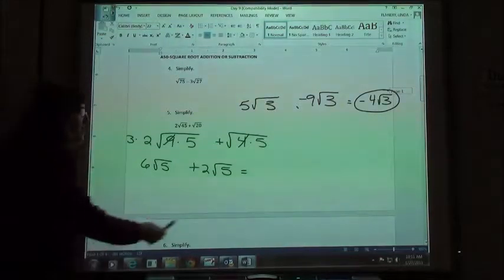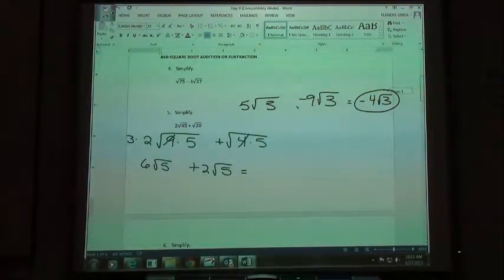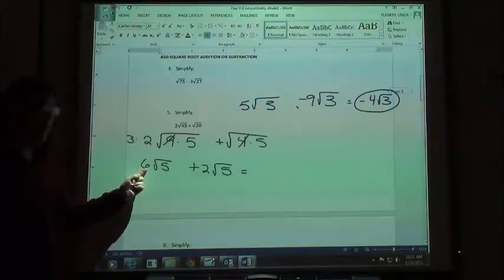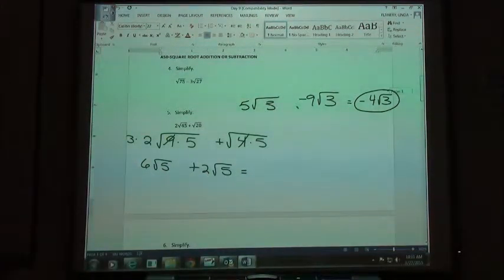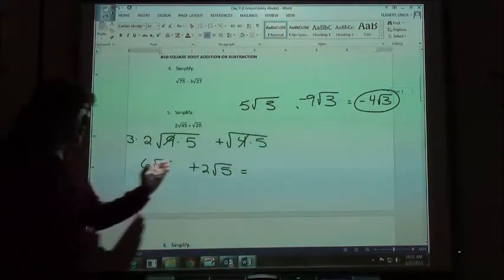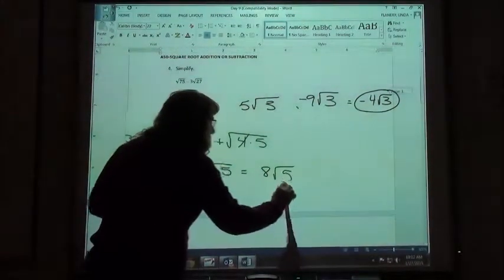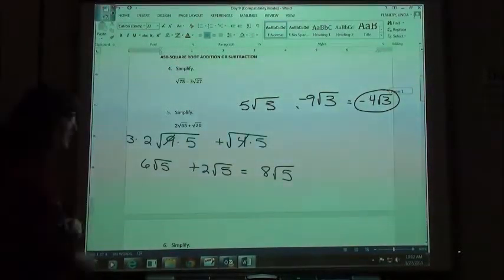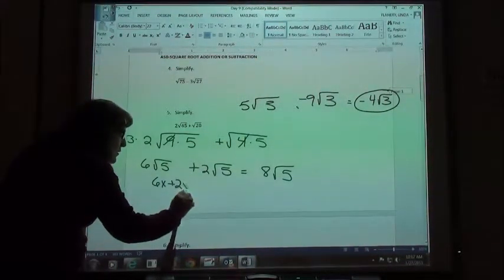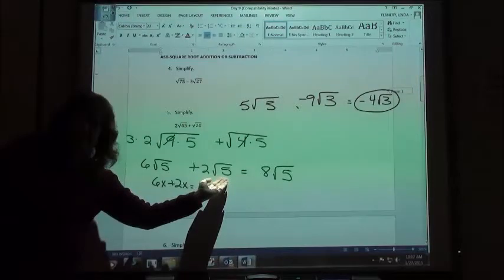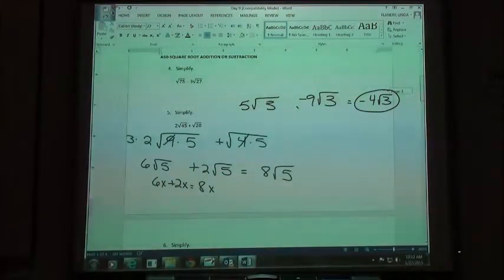And if I take 6 square root of 5 plus the 2 square root of 5, you add the front numbers together, you get 8 square root of 5. So you think about it just the same way if I have 6x plus 2x, we get 8 x's, right? So the front numbers we add together, this is my label so that I have like terms. It's how many of those square root of 5s I have.